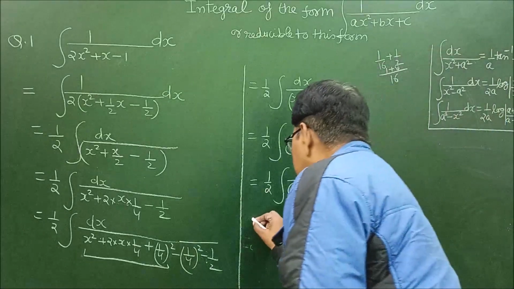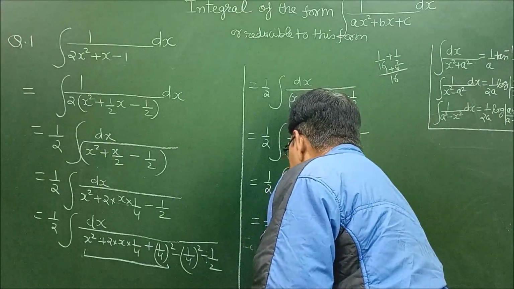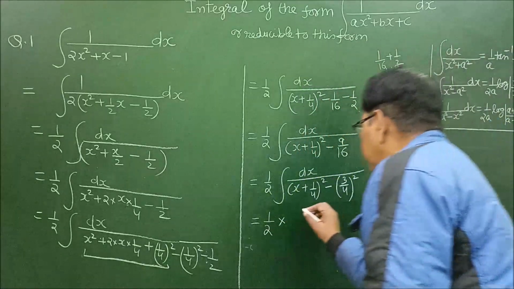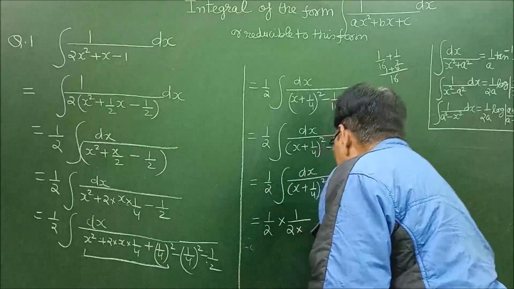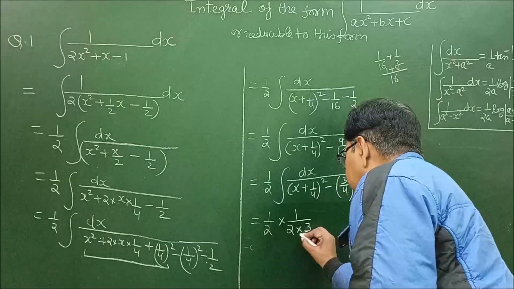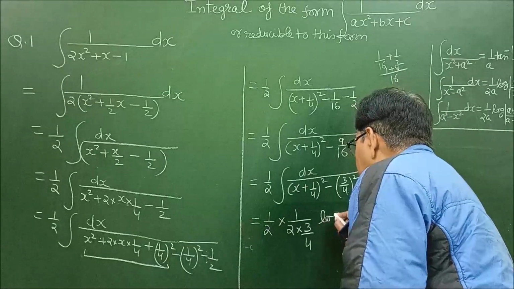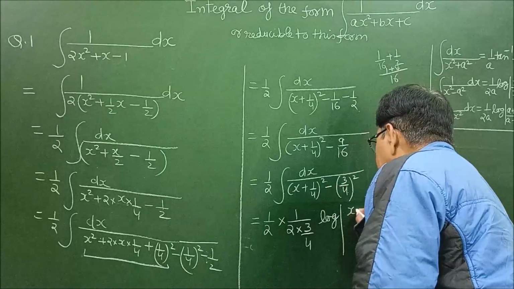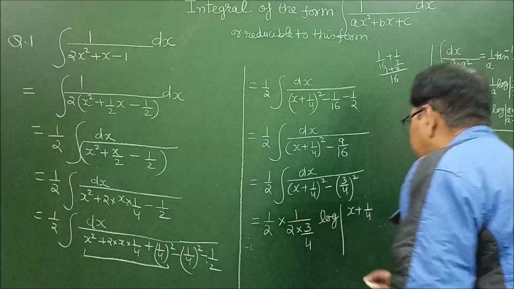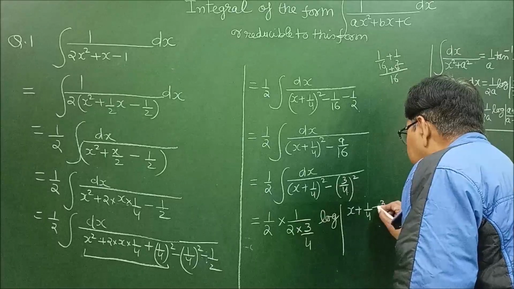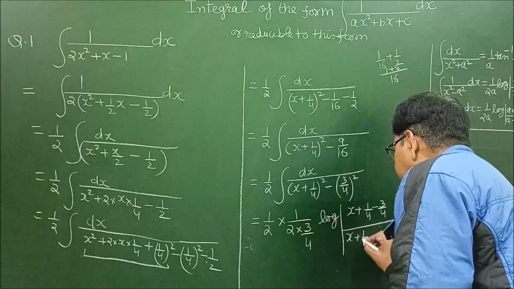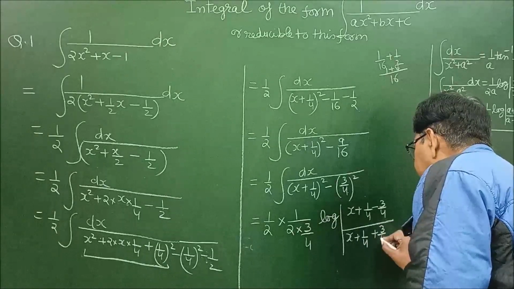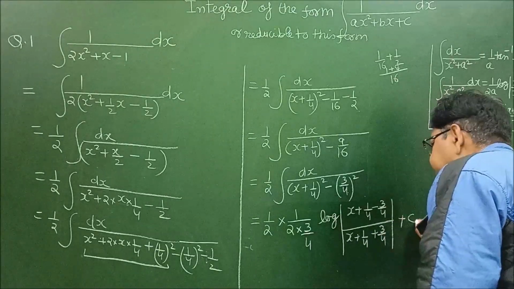So this is equal to 1 upon 2 into 1 upon 2a, where the value of a is 3 upon 4 here, log mod x plus 1 by 4 minus 3 by 4 upon x plus 1 by 4 plus 3 upon 4, plus c.